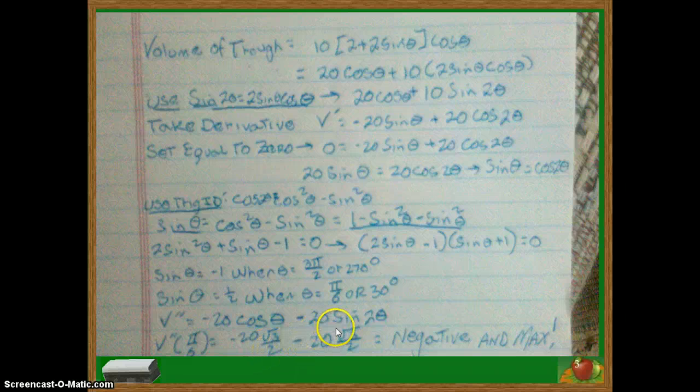The sine is not of pi over 6, but actually pi over 3, because it's 2 theta, and pi over 3 is 60 degrees, which is root 3 over 2. So I end up with negative 20 root 3 over 2 minus 20 root 3 over 2, which is negative 40 times root 3 over 2, which I know has to be negative. Therefore, it's a maximum.